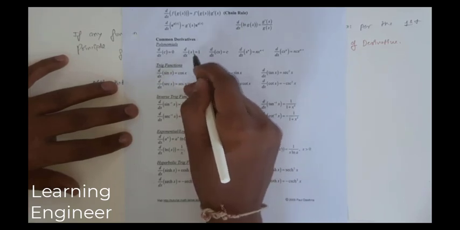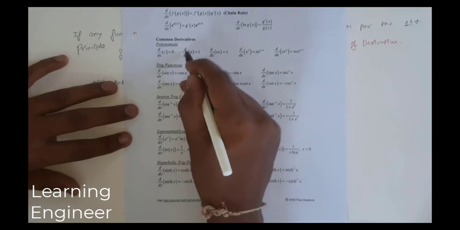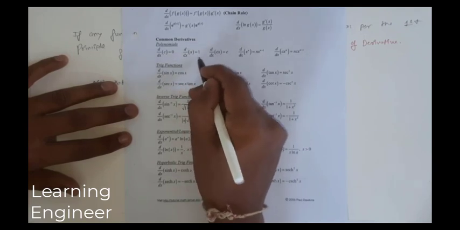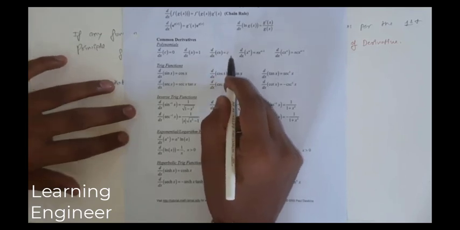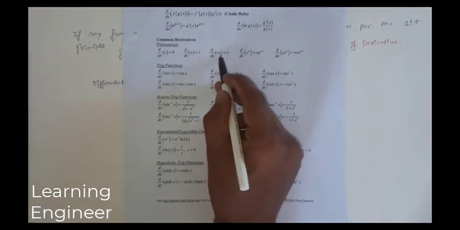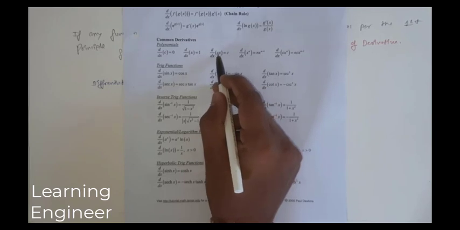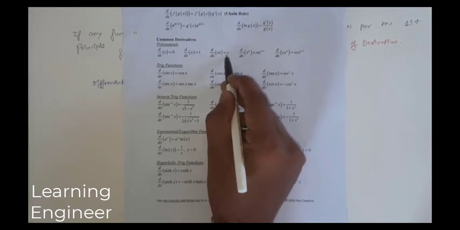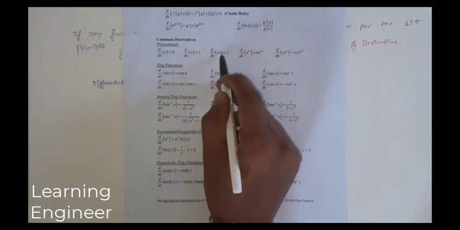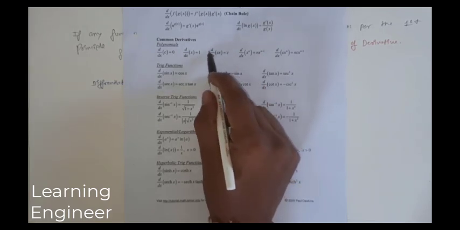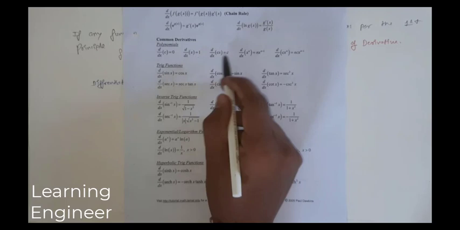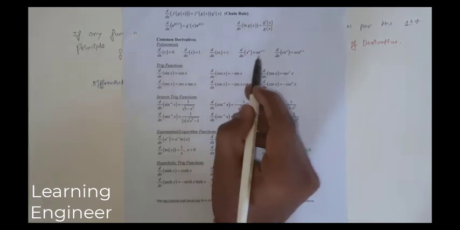Because dx upon dx will be equal to 1. Derivative of constant into x: when a constant is multiplied with the x term, always keep the constant on the outer side and take the derivative of the x term. So c we have taken outside, the derivative of x is 1, c into 1 is c.